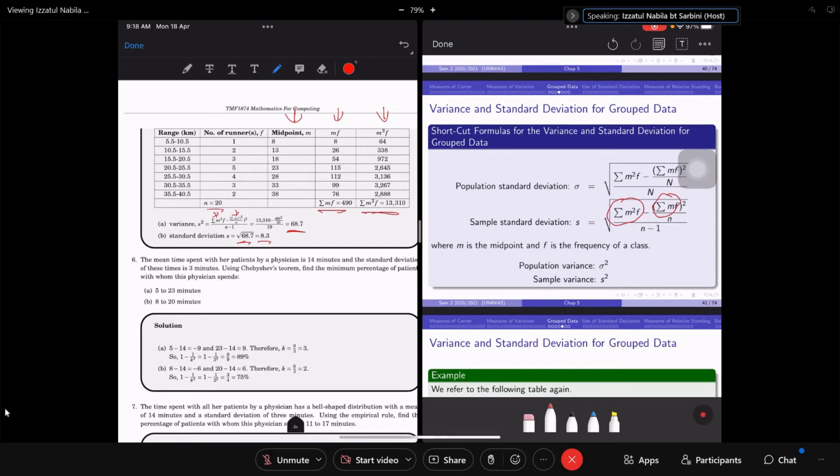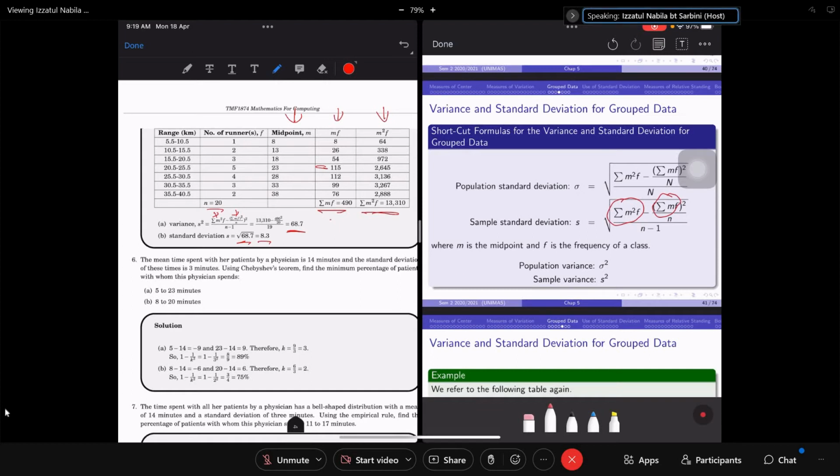So always bear in mind, I know this one is quite easy and straightforward, but the mistake is always in the calculations. Sometimes you make mistakes in calculations. So please be careful and do not make a careless mistake, because if just one is wrong and the summation is wrong, then the whole question you get wrong. So please calculate carefully. For statistics, everything is about the formula. During the exam, you can refer to the formula anytime.